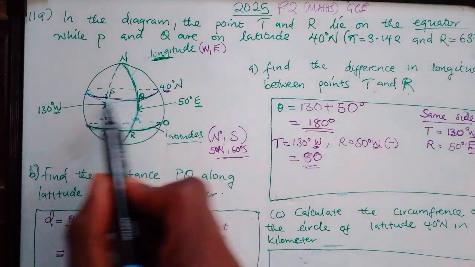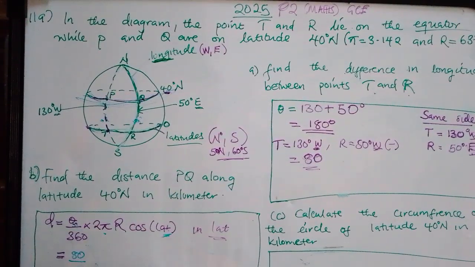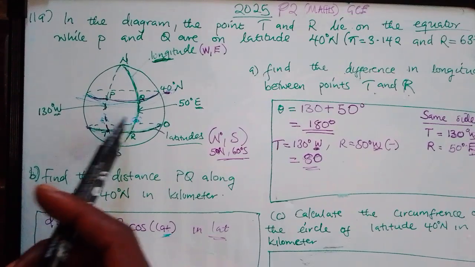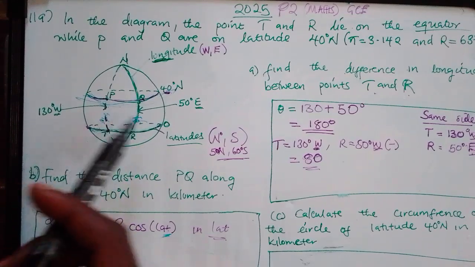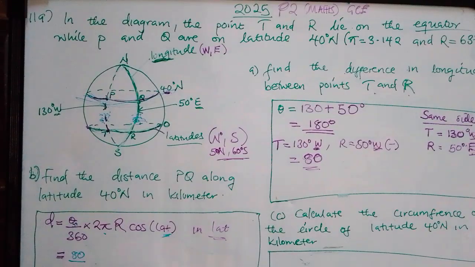But they are on the same what? Latitude. Yeah. So you say the difference in longitude is what? 80 degrees. Why 80? Because these lines are the same. So no matter where the points are, the difference in longitude will always be the same. Yeah.